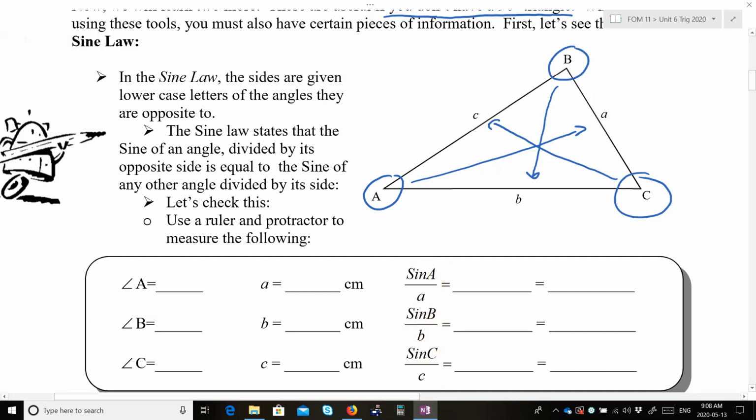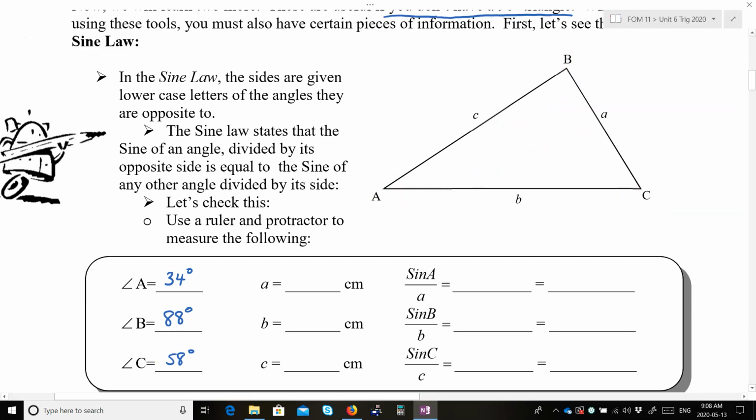Let's check this. Use a ruler and protractor to measure the following. If you use a protractor to measure the angles, I got 34 degrees for angle A, 88 degrees for angle B, and 58 degrees for angle C. I did that as accurately as possible, so we're going to have some minor decimal place errors.